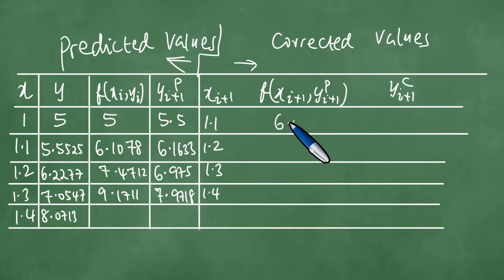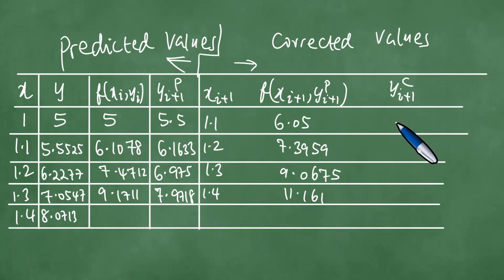So this is 6.05, 7.3959, 9.0675, 11.161.